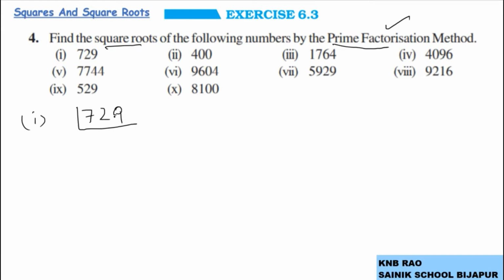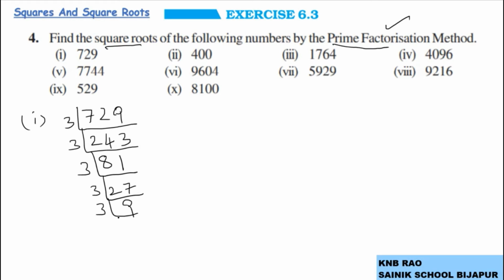See, here the sum of the digits in this number is 18, and 18 is a multiple of 3, therefore it is divisible by 3. 3 2s are 6, 3 4s are 12, 3 3s are 9, 3 8s are 24, 3 1s are 3, 3 2s are 6, 2 carry, 3 7s are 21, 3 9s are 27, 3 3s are 9.